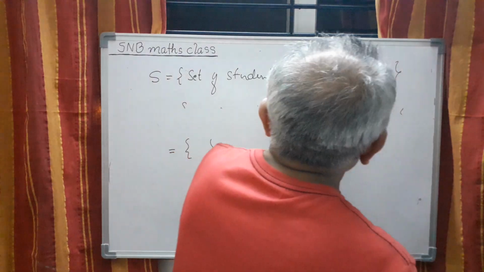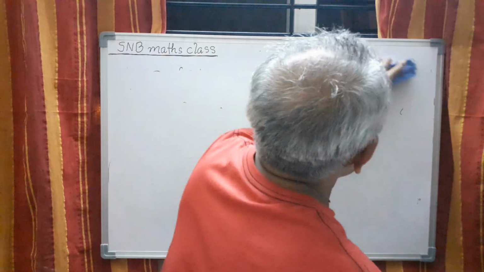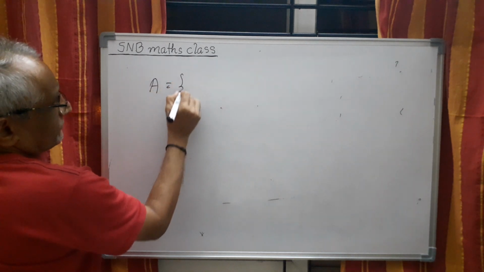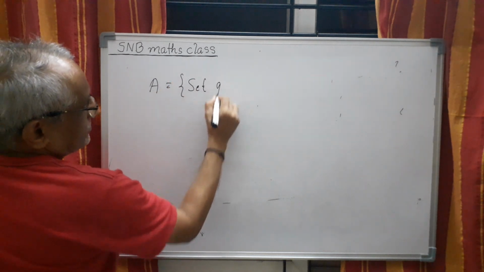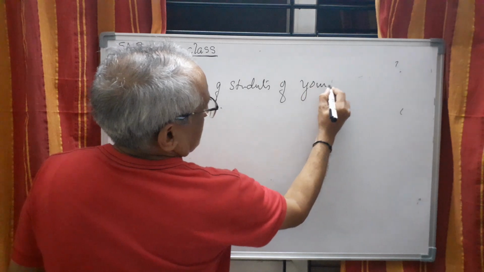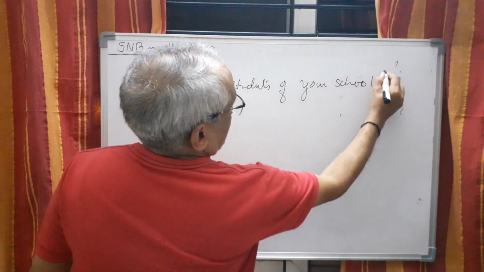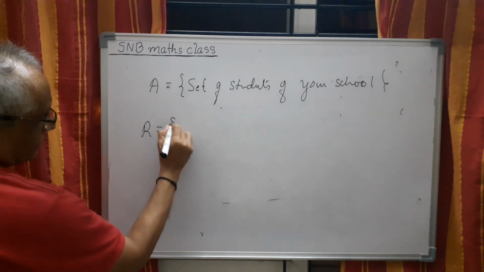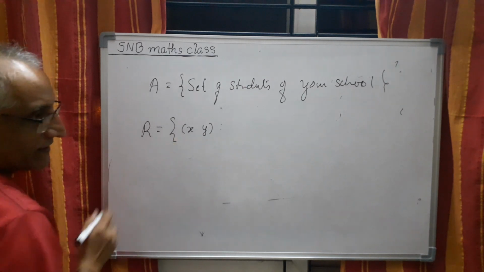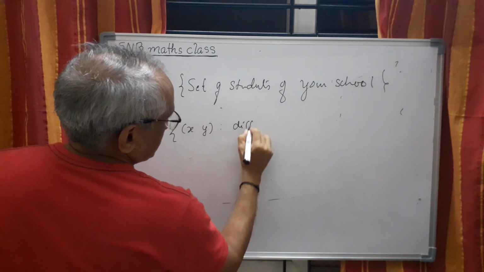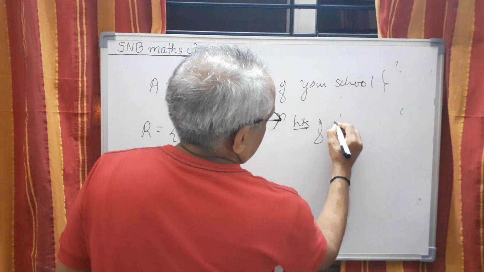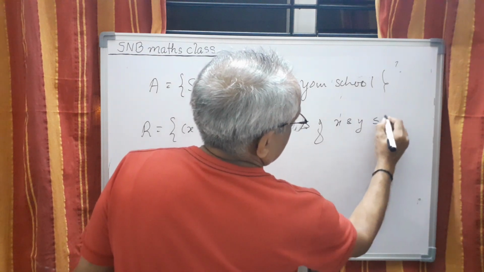Then how to give an example of a universal relation. For example, let us take a set A which consists of the set of students of your school. Now, suppose I write this relation R equal to the ordered pairs (x, y), that means a student x is related to y if the difference between heights of x and y is less than 3 meters.